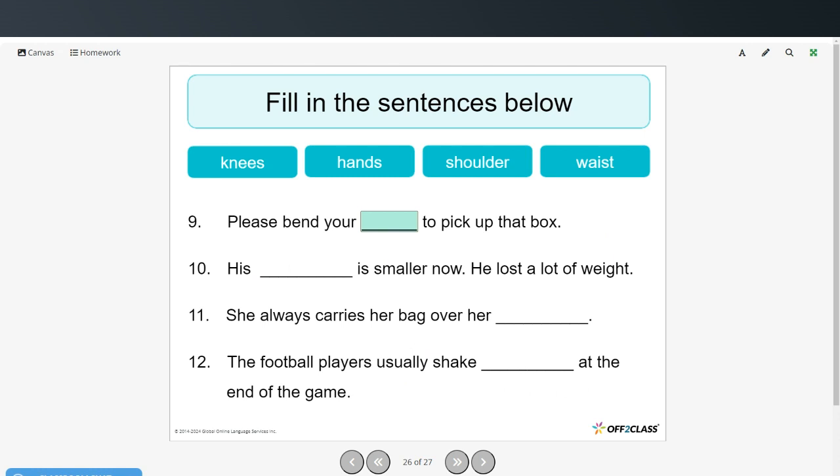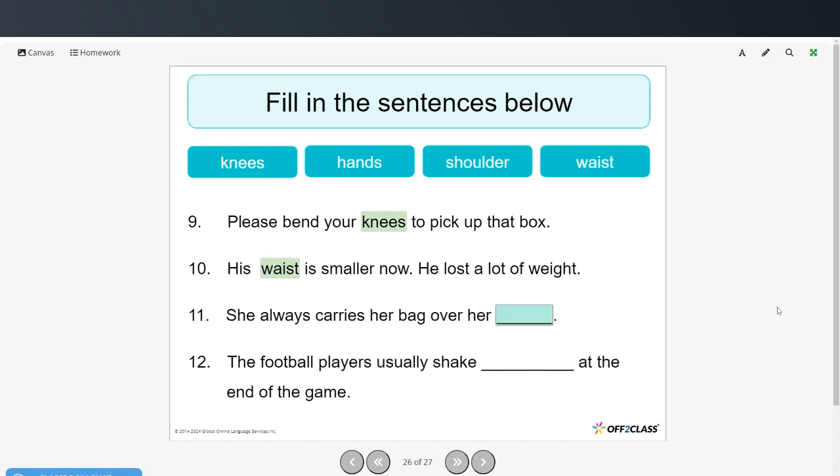Okay, please bend your knees to pick up that box. His waist is smaller now. He lost a lot of weight. She always carries her bag over her shoulder.